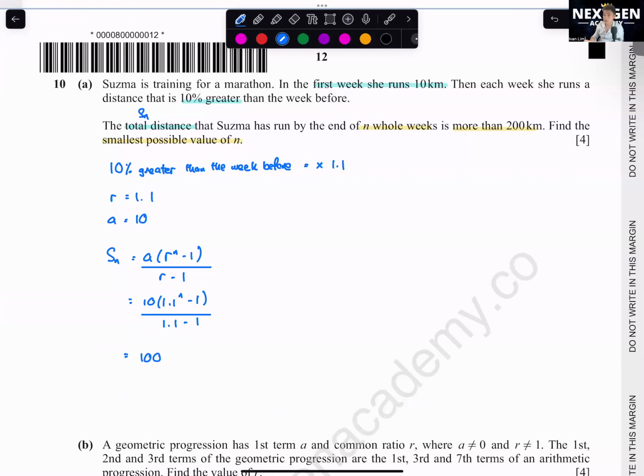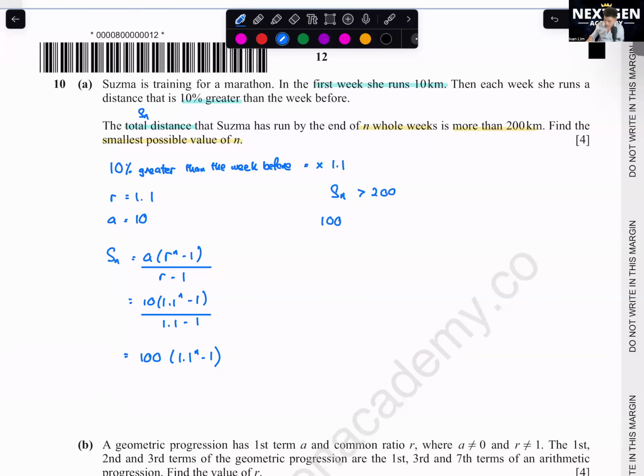This one you all definitely need a calculator. This one won't come out in Paper 1. You get 100(1.1^n - 1). This is the sum of n terms. What is the expression that we want to write here? This will be an inequality, more than 200 km. So that means Sn is more than 200.